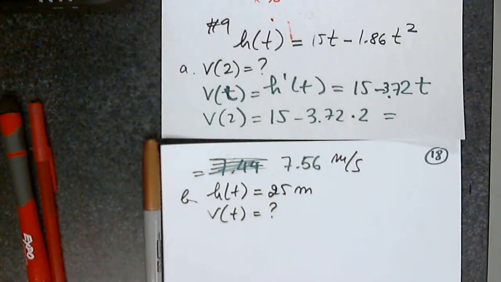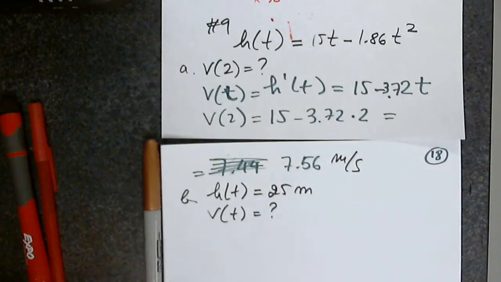Of course, I'm assuming that there is gravity on Mars, so when you throw up a rock, it will eventually come back down. So the question is, how do I find the velocity of the rock when it is 25 meters above the surface of Mars, on its way up and on its way down?